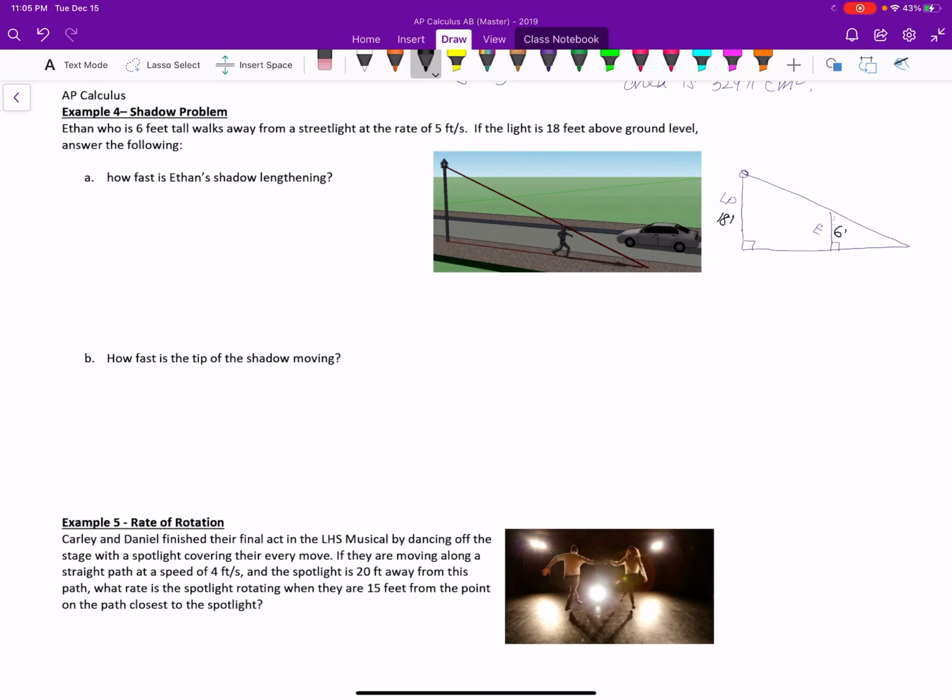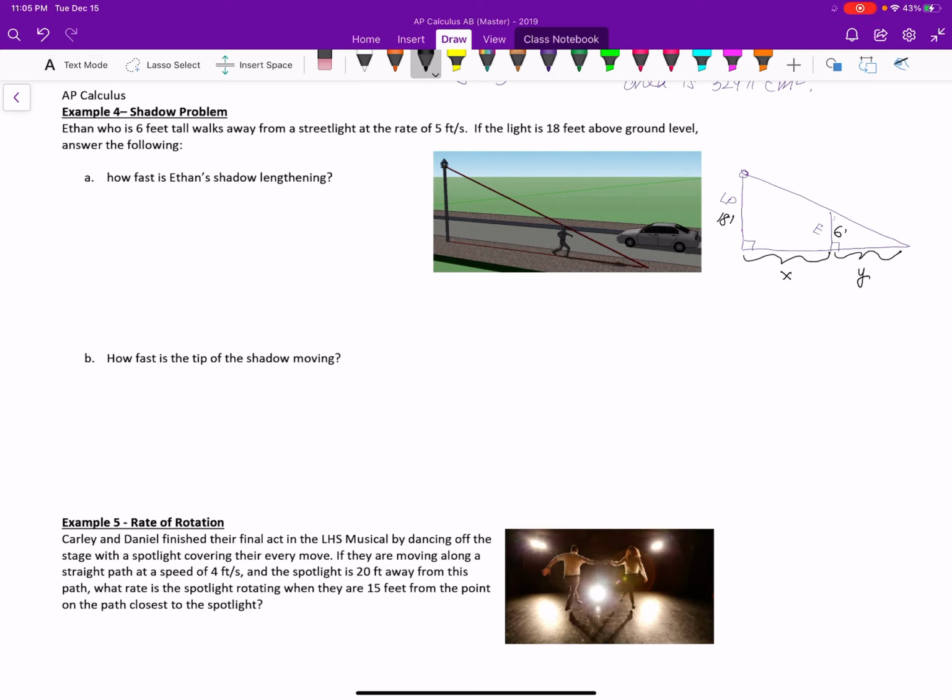But this distance here between the lamppost and Ethan will change, and the length of his shadow will also change. So those are both changeable. I could assign variables to those pieces, like, for example, x and y.